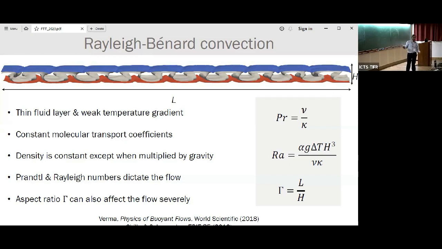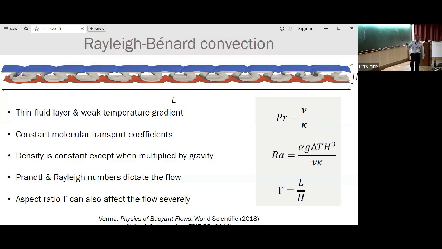This is a real simulation at a Rayleigh number of 10 to the 5, so we are just 10 times the critical Rayleigh number. We can see that the hot plumes rise from these locations, and the cold plumes fall down or sink towards the bottom plate. So we have a very regular organized structure.